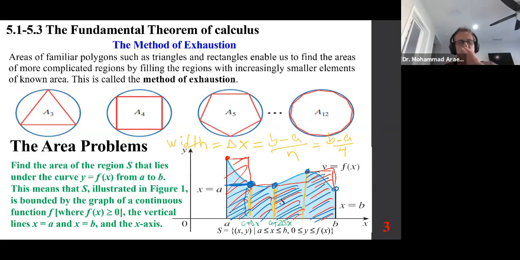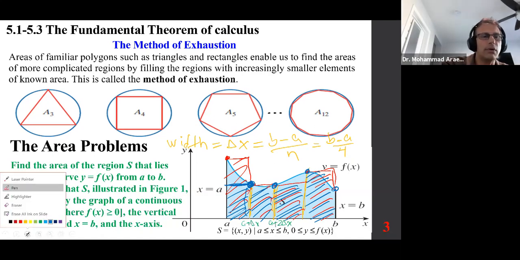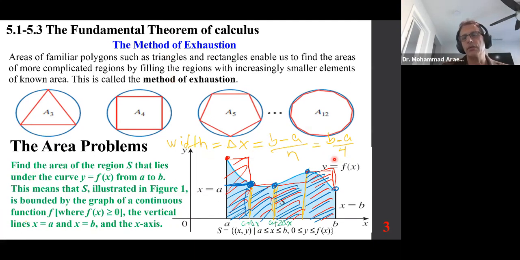As you can see, the red versus blue, they don't have the same area. They both approximate this. And the method of exhaustion says, what if we add to the number of subintervals? As we add to n, delta x becomes smaller, the approximation gets better.